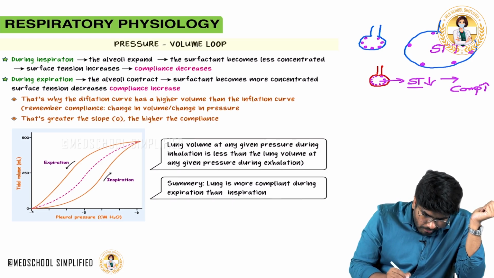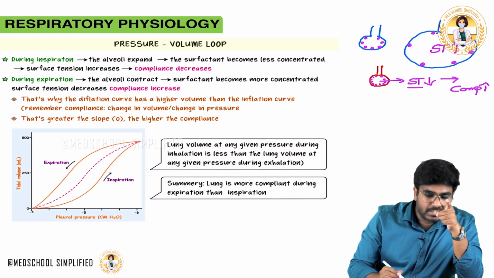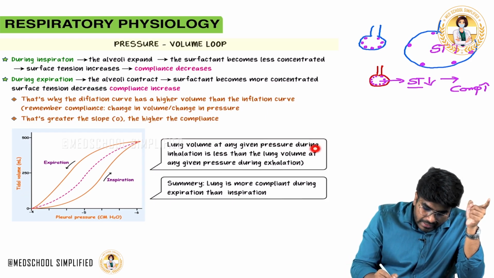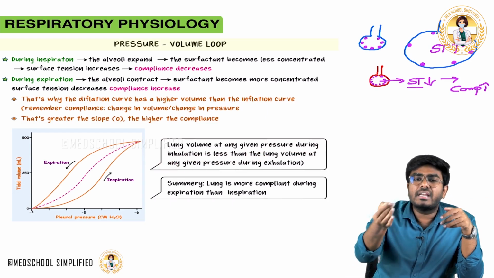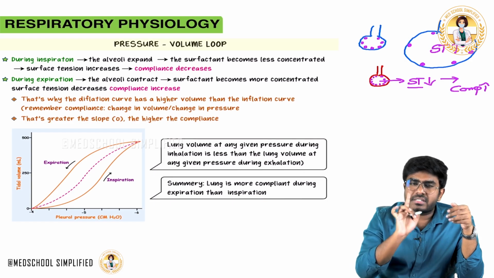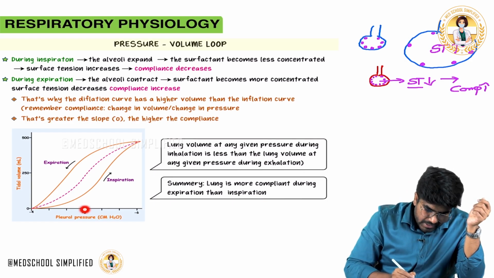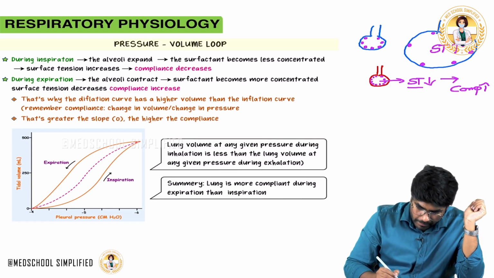Lung volume at any given pressure during inhalation is less than the lung volume at the same pressure during exhalation or expiration. For example, let's take one pressure, minus 5 mm Hg. Please concentrate. I'm drawing a line at minus 5 mm Hg.